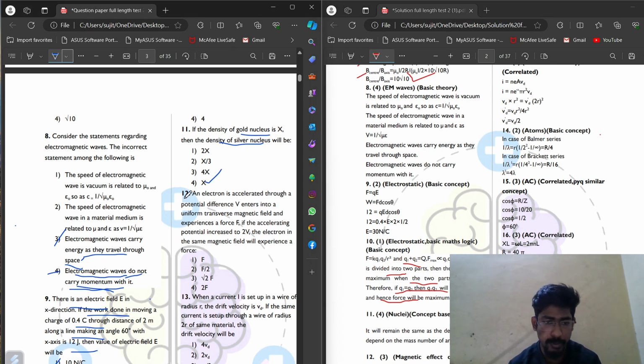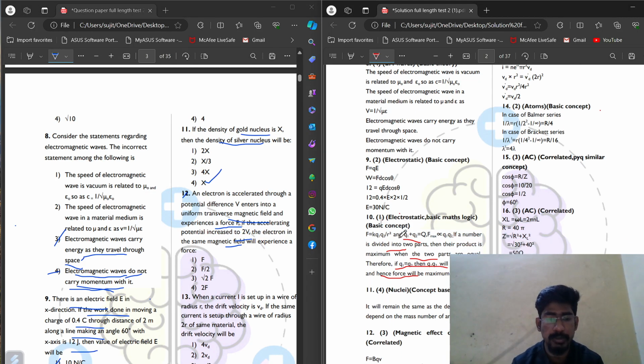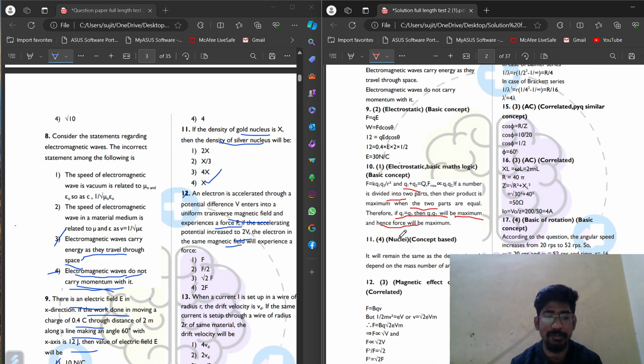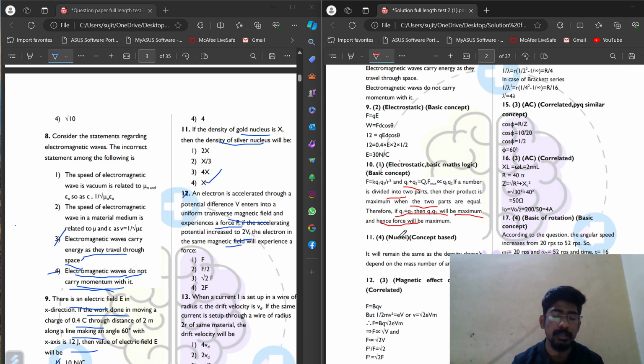Okay, moving on to the next one, question 12. An electron accelerated through a potential difference of V enters a uniform transverse magnetic field and experiences a force F. If the accelerating potential is 2V, then the electron in the same magnetic field will experience a force. I think you all know that there is a relation between force and the potential difference that is applied, so that the electron gains a certain amount of velocity.